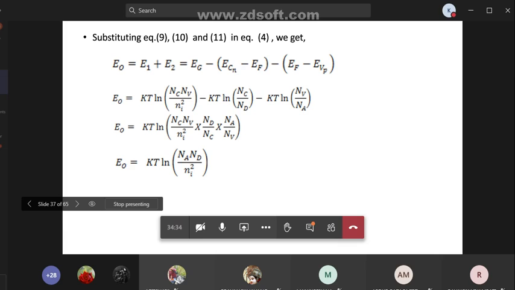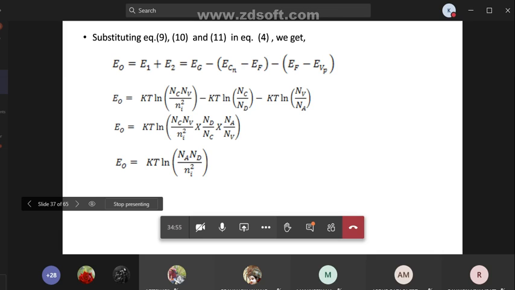Then you will get E0 equal to KT ln of NC NV by NI square minus KT ln of NC by ND minus KT ln of NV by NA. Okay.